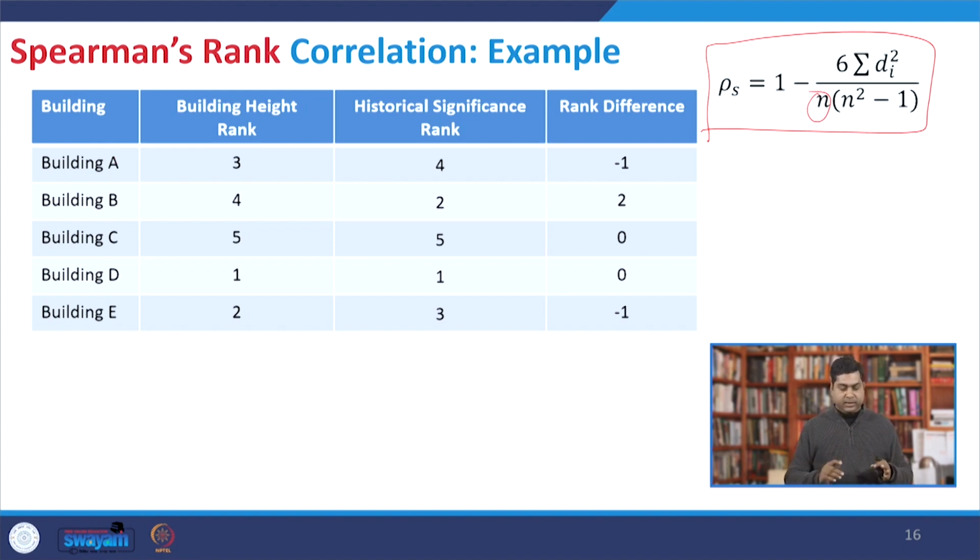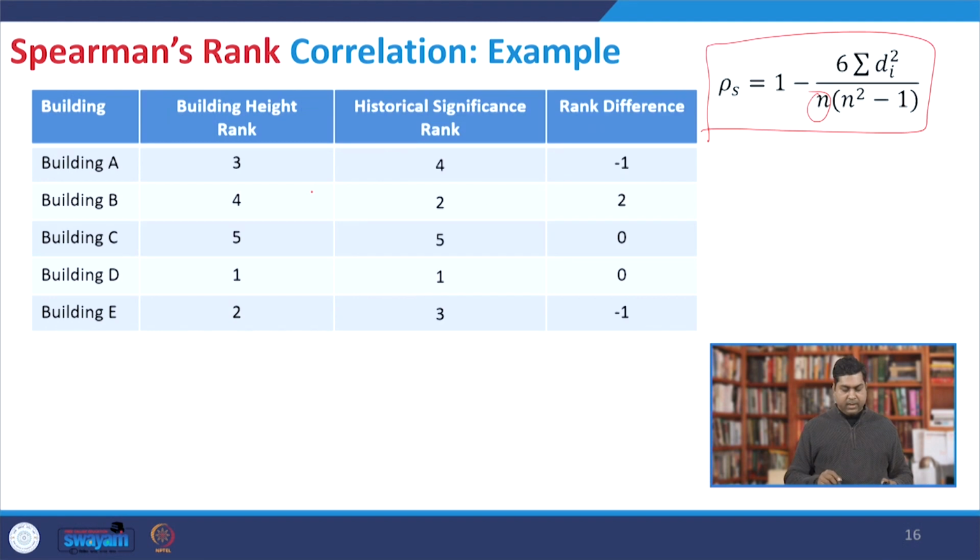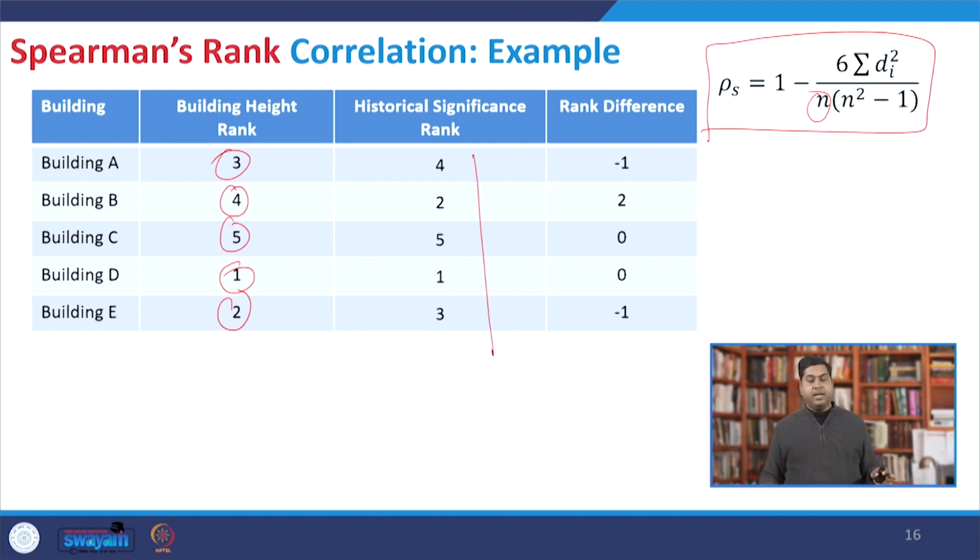If you compare, 25 meters was the highest and 10 was the lowest. The ranks are given in such a manner that the highest height gets rank 1 and the lowest is the one with the minimum height in this data set. Already we have the historical significance rank. Now we compare and find the rank difference.